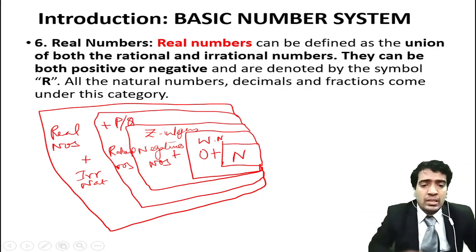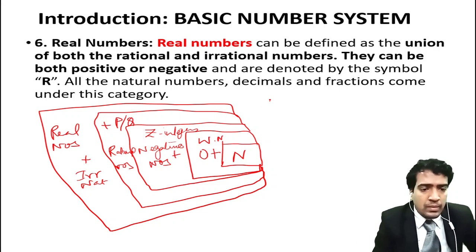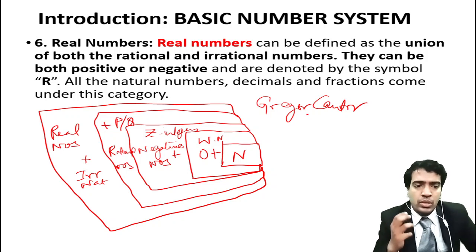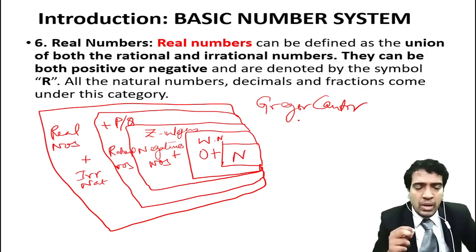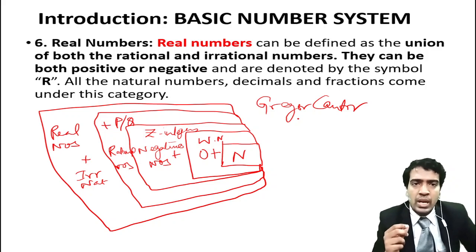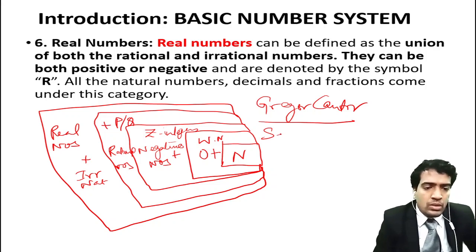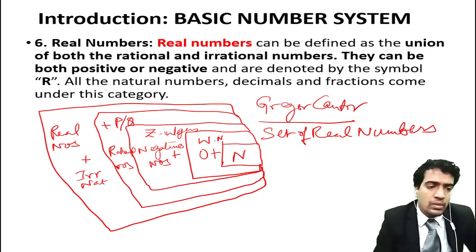And there is a mathematician called Georg Cantor. He gave a wonderful proof which is beyond the scope of this lecture. But if you are curious enough, you can go to the internet and Google the proof given by Georg Cantor, in which he proved that the set of real numbers is uncountable.